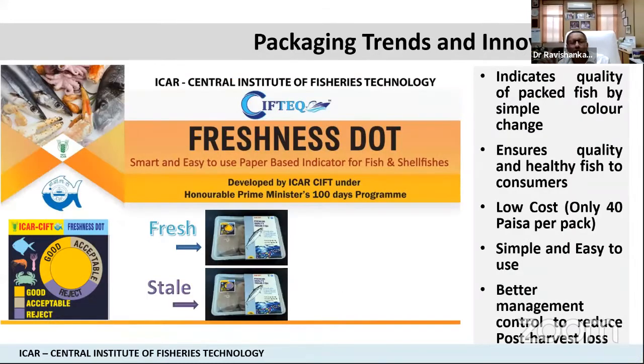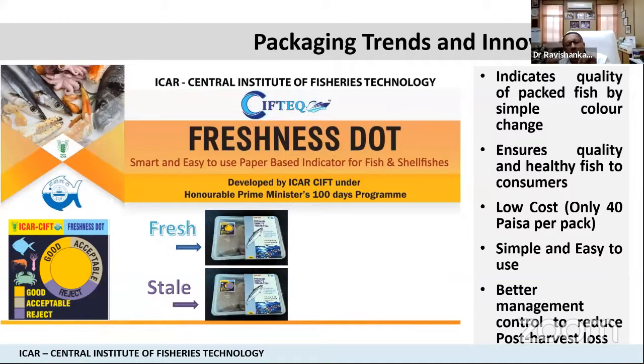One more thing I would like to tell you, based on intelligent and smart packaging: one of my colleagues has recently done work and introduced a freshness dot. You can see the dot on the tray; it is put below the top sealing. It will tell you whether the fish packed inside is still edible and safe.